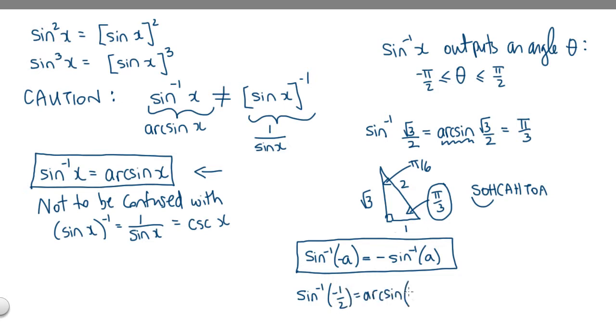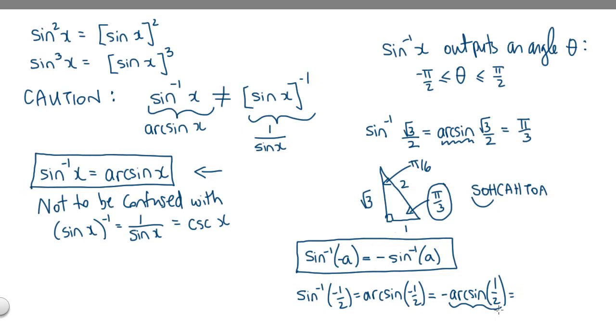And just to get used to the notation here, it could equally well be written like this. So inverse sine function or arcsine. First thing we can do is say, well, we've got a negative number in here, so let's think of it as minus arcsine of a half. And we can go up to our special triangle and figure out what this angle is.